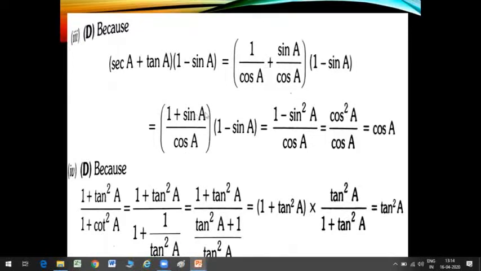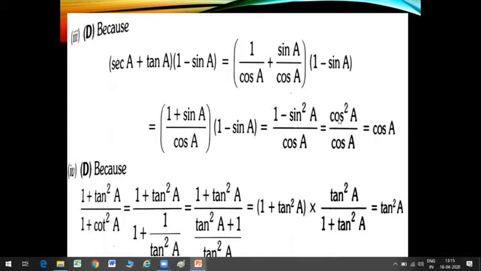Then in the numerator, (1 plus sin A) multiplied by (1 minus sin A) gives 1 minus sin²A. We apply the identity A plus B into A minus B is equal to A² minus B², divided by cos A.